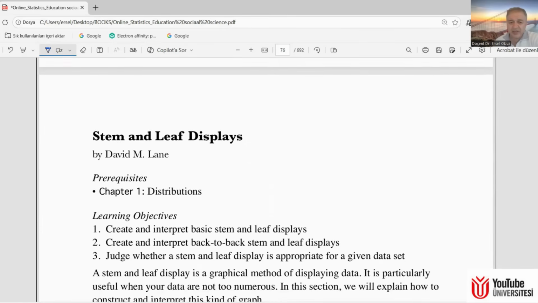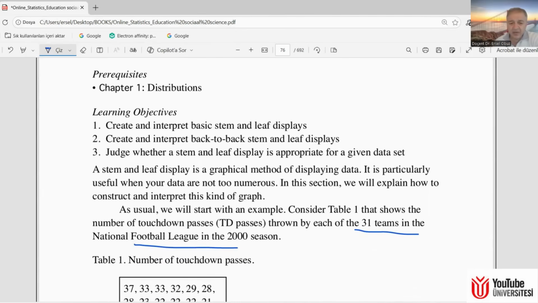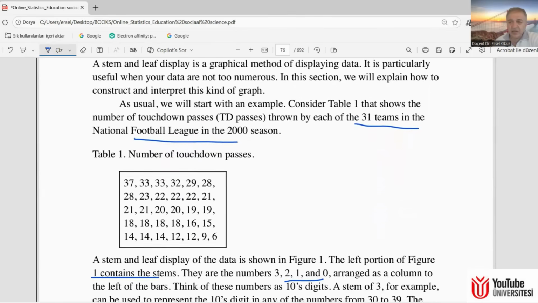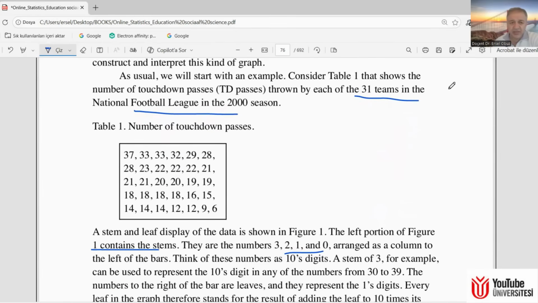Let's begin with stem and leaf. Here, there are 31 teams, and those are the number of touchdown passes. So the basic idea in a stem and leaf plot is, when you have 37, you put 3 here and then 7 here.